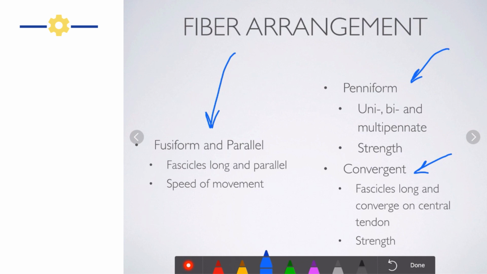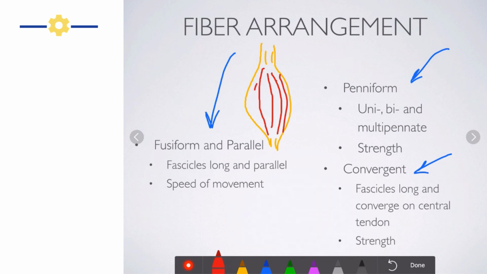So in a fusiform muscle, we typically have a tendon, the connective tissue, that runs the length of the muscle, and we see an arrangement like this. The connective tissue, the collagen fibers and elastin fibers, are all going to run this direction. The muscle fibers are also going to run loosely, all parallel to the direction of pull.